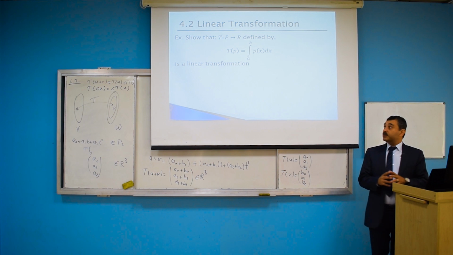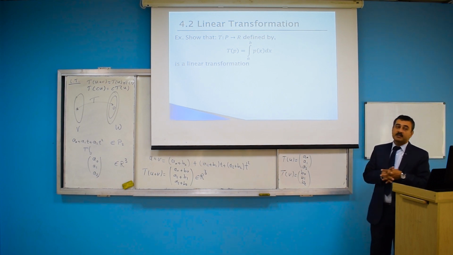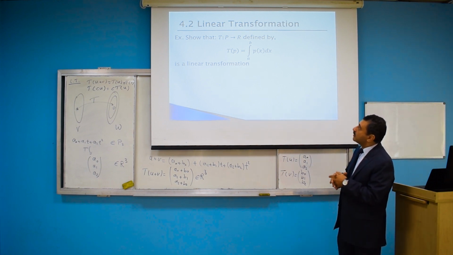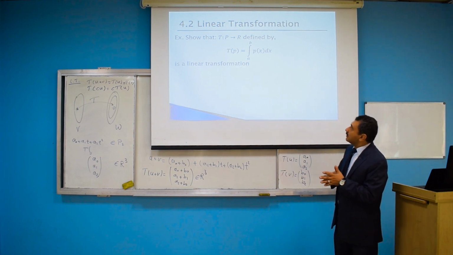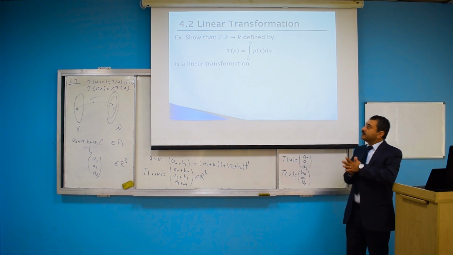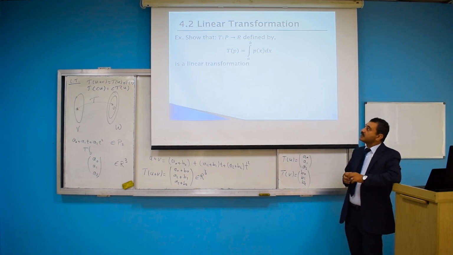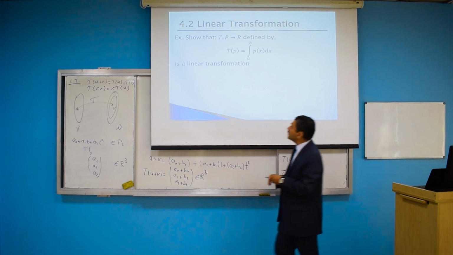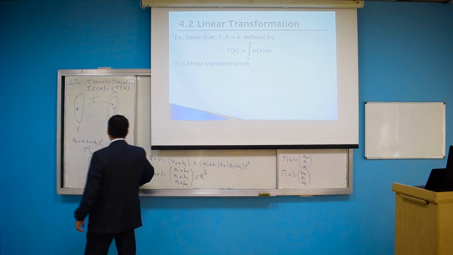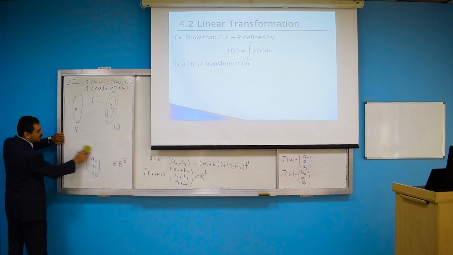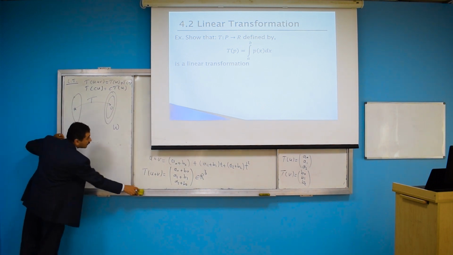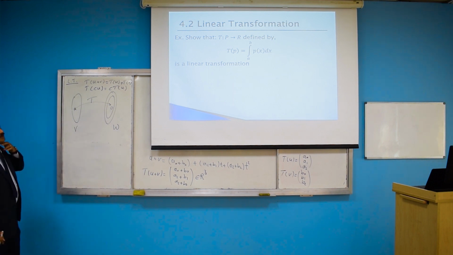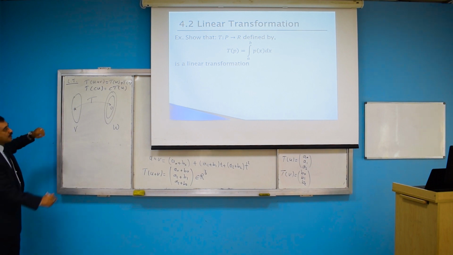Another type of transformation, you can think of the integral as a transformation. If you integrate, for example, a polynomial, definite integral from A to B, let's check if this is a linear transformation. You simply check again the conditions for linearity. Here the transformation of any polynomial, you just integrate the polynomial.